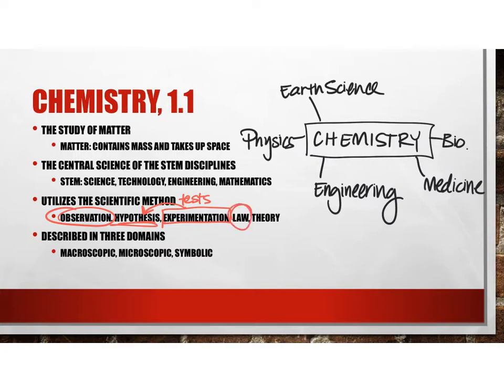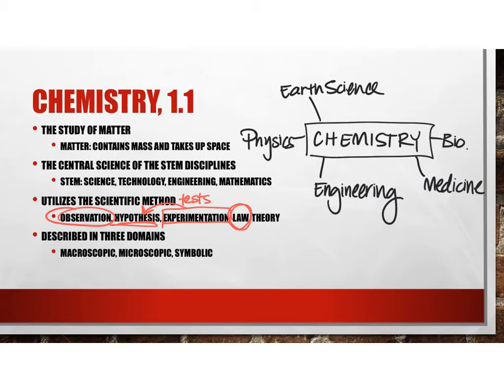A law is formed if all experimentation tested multiple times in multiple different scenarios with many different people in many different times in many different ways all holds up the hypothesis that was previously or primarily stated. So a law is only formed if all experiments are not able, let's say, to discount the hypothesis that was previously stated.